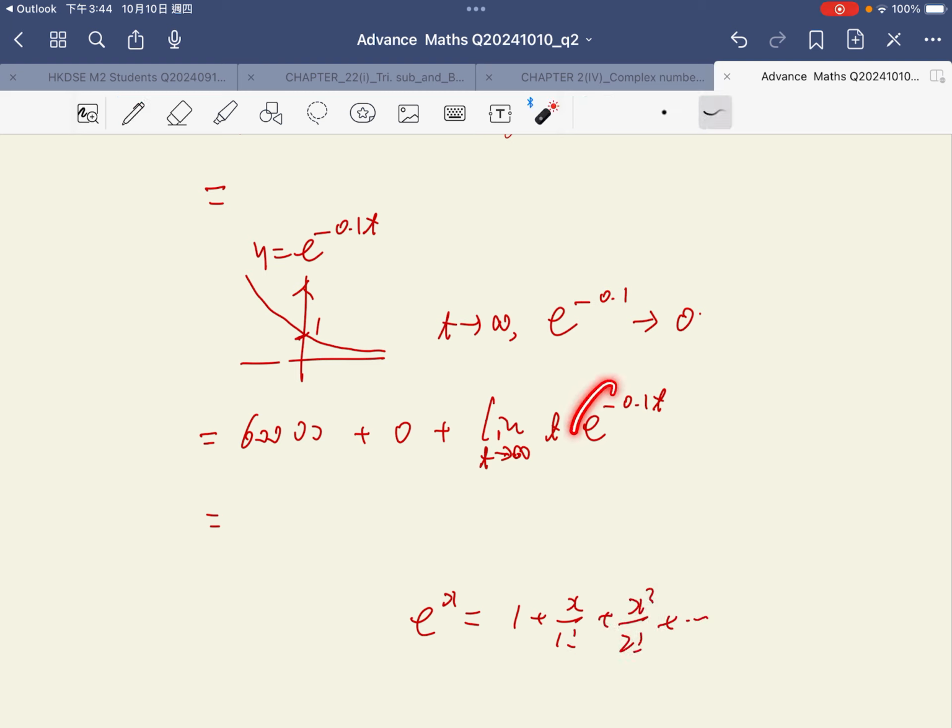Therefore, I have to expand this exponential function.